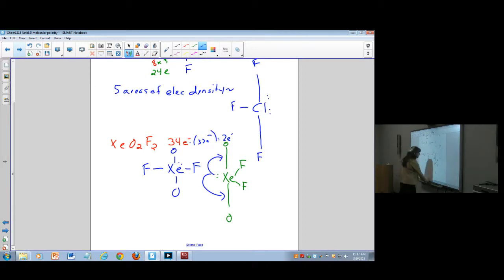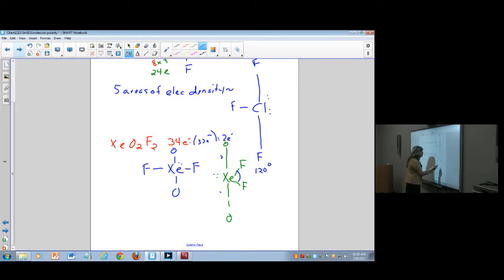But what does that mean about the angle between these guys? Remember, they were standard 120 degrees. I should have showed you that somewhere. We'll do it in a minute. Those are 120 degrees in that equatorial plane.